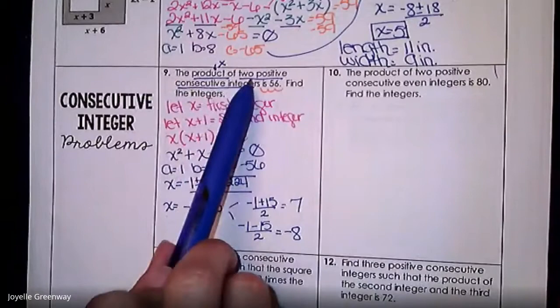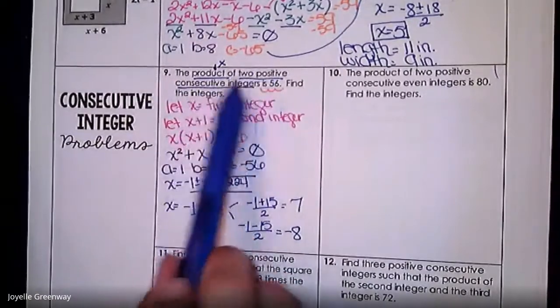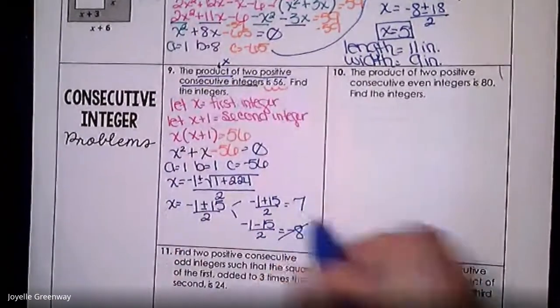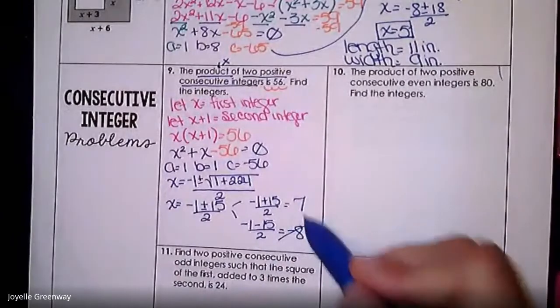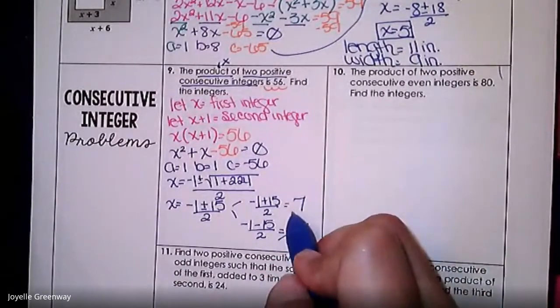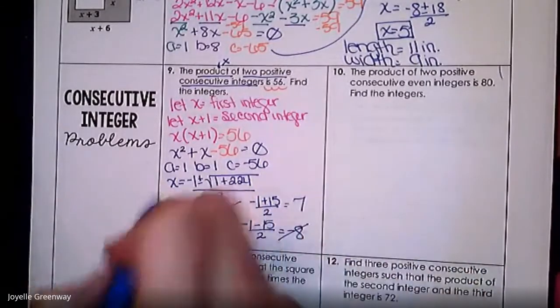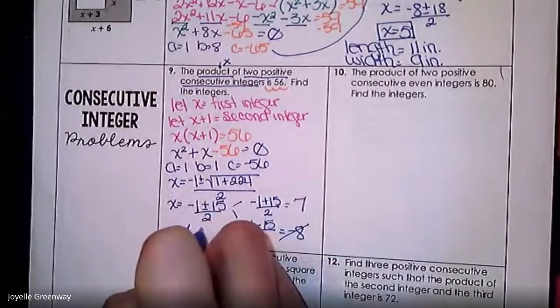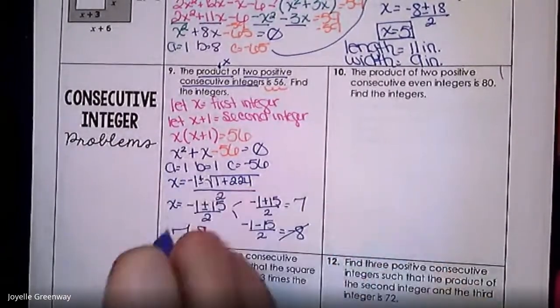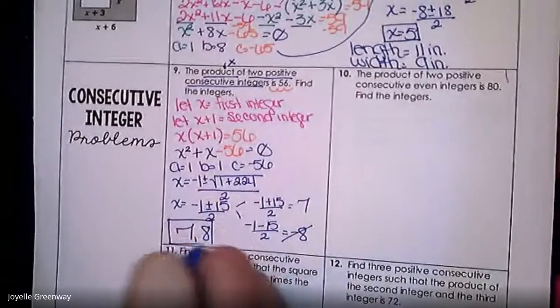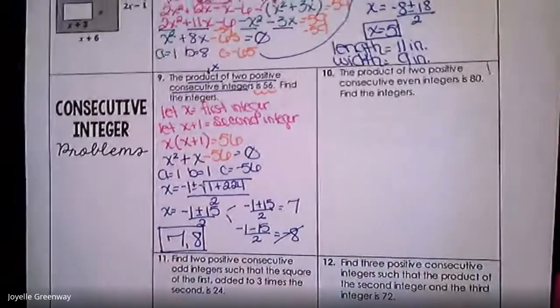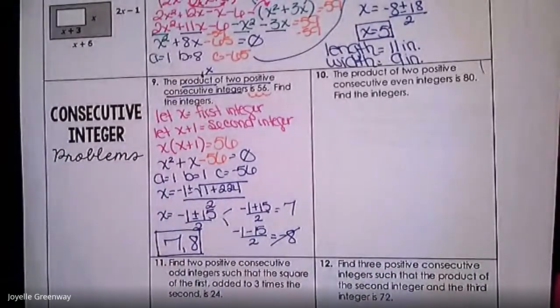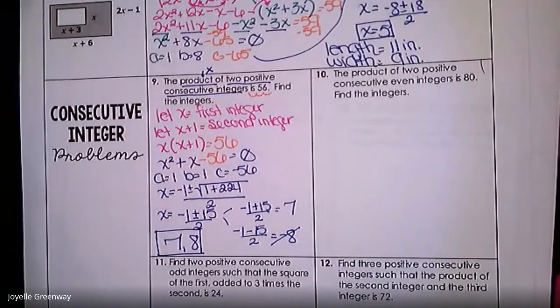The product of two positive consecutive integers, negative 8 is not positive. So therefore, one of them is 7. So your first integer is 7, and the second integer is 8. And 7 times 8 is 56. And I'm sure you could have done that without using algebra, but that doesn't matter. And you should use quadratics.